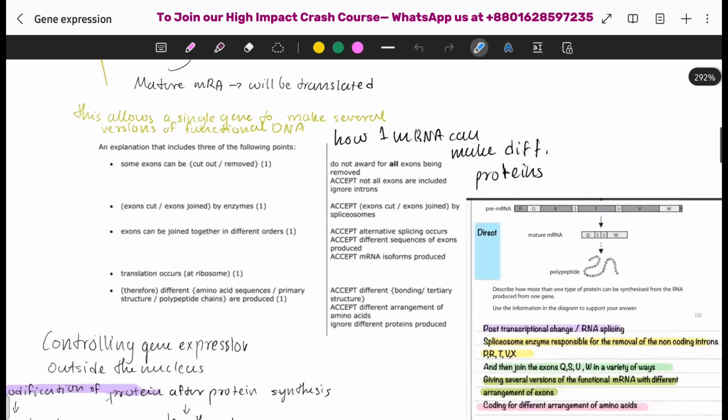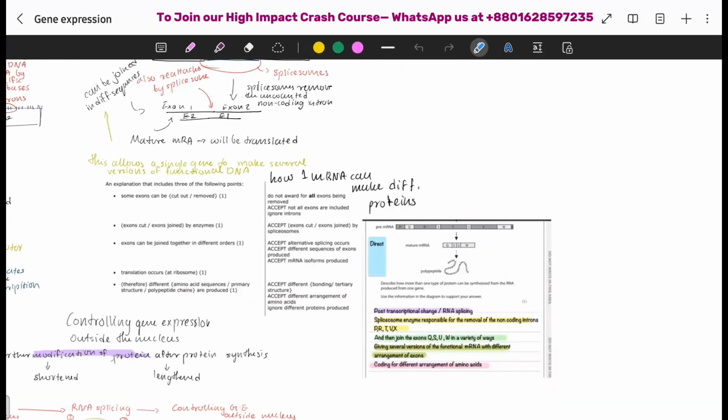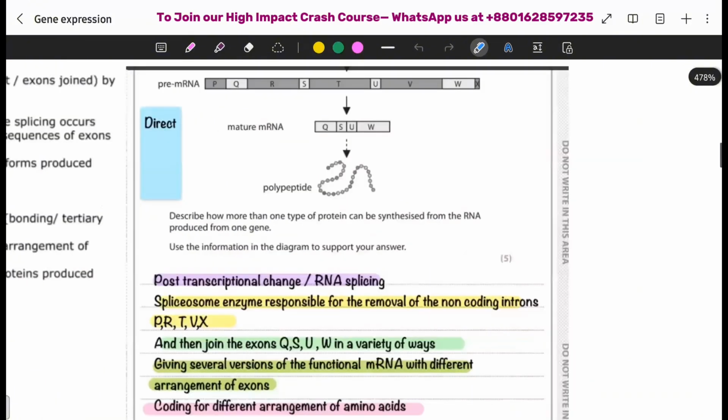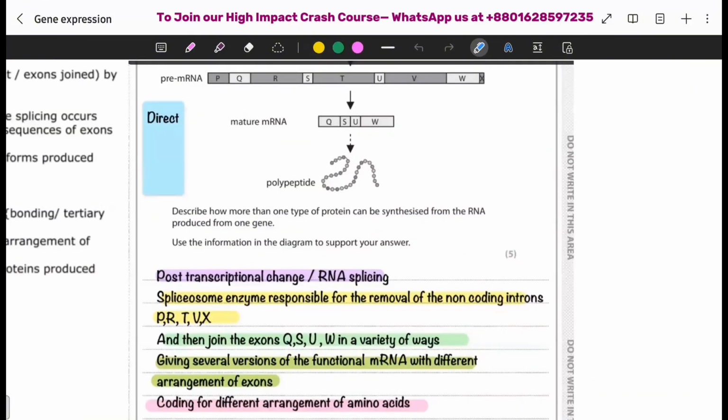So here we have a question. Describe how more than one type of protein can be synthesized from the RNA produced from one gene. Okay, so when RNA splicing occurs, the spliceosome enzyme will remove the non-coding introns and join the exons in different sequences, or in different ways.